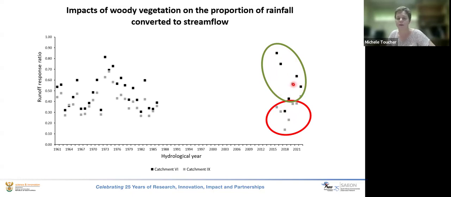So it's not anomalous. It's the same in catchment 7, catchment 6, catchment 4 and 5 combined. Whereas in catchment 9, we're getting about 30% conversion of rainfall to stream flow, and in catchments 6, 7, 3, 4 and 5 it is upwards of 60% of the rainfall becoming stream flow.